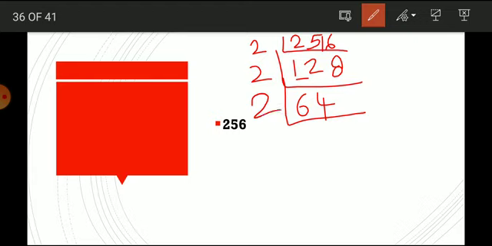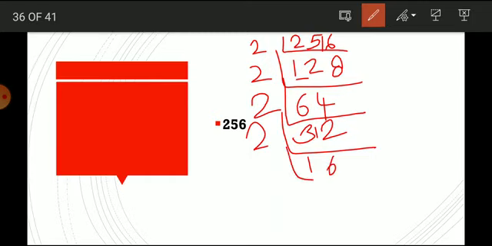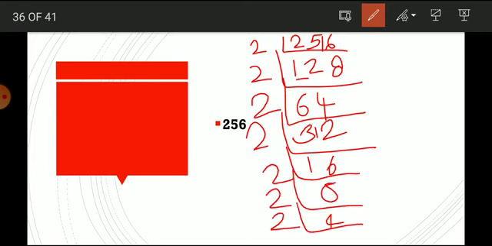Then again I will take 2 because the ones digit is an even number. So 3 2s are 6, then 2 2s are 4. Then again I will take a 2 because the ones digit is even. Then 1 2 is 2, the remaining is 1. So 6 2s are 12. Then 8 2s are 16. Then 2 4. Then 2 2.